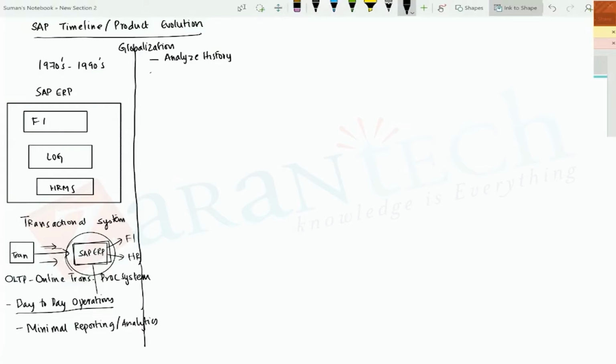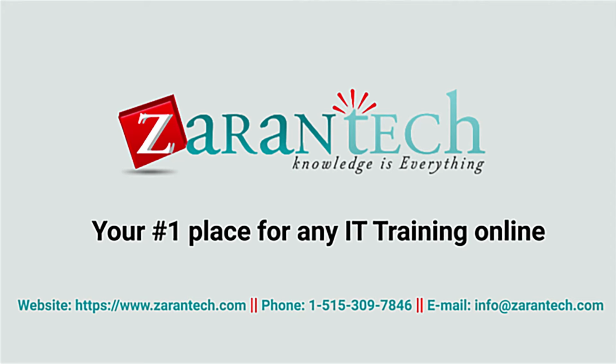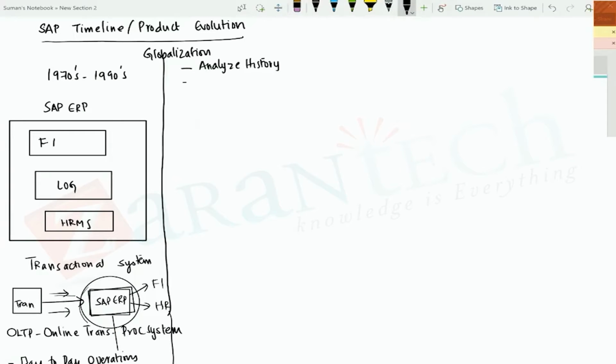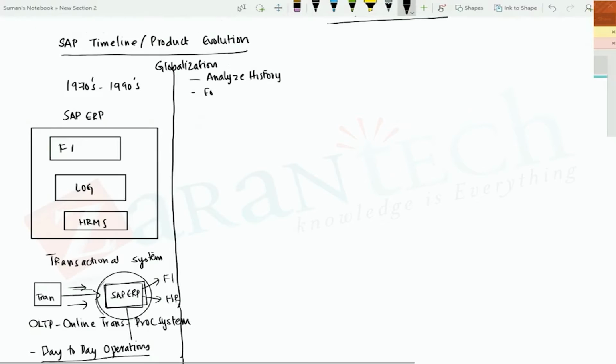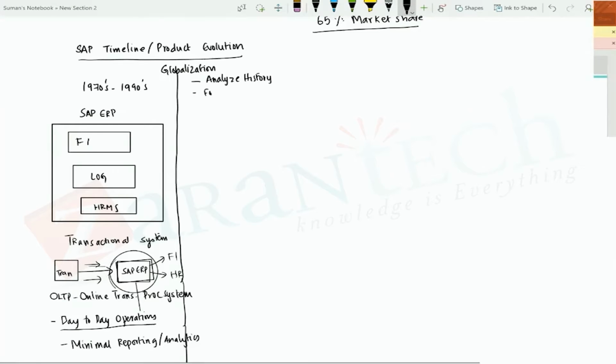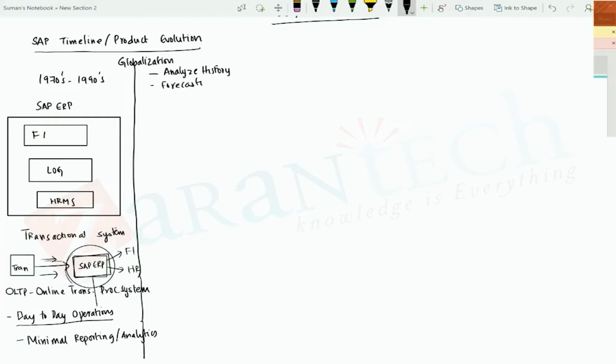What was the largest volume of product that was sold? I want to be able to analyze my history so that I can start forecasting what my future is going to look like. I should be able to look at my competitors' data and do analysis. So analyzing the history, doing forecasting. So companies started shifting gears.